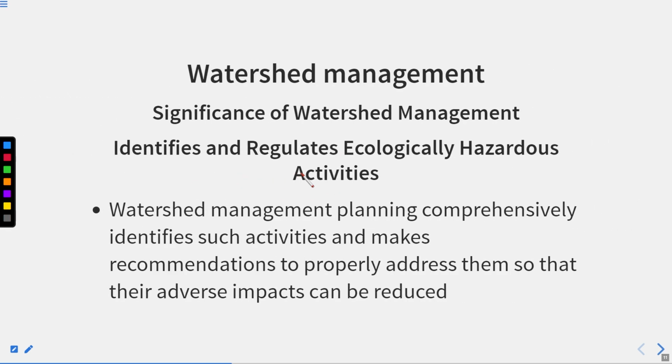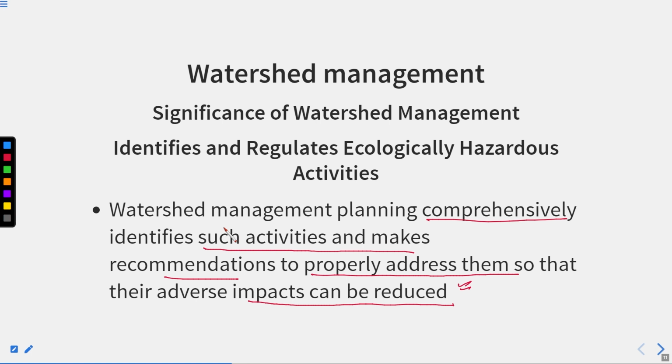Next point, identifies and regulates the ecologically hazardous activities, means some more points regarding this. Watershed management planning comprehensively identifies such activities and makes recommendations to properly address them so that their adverse impact can be reduced. So now this watershed management planning is continuously working on this.